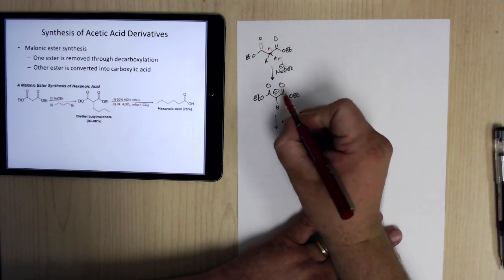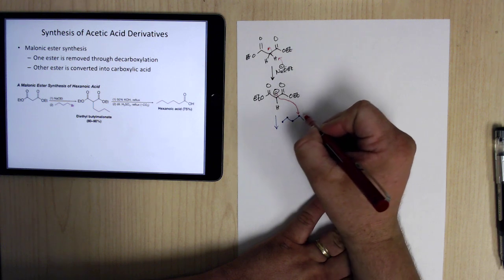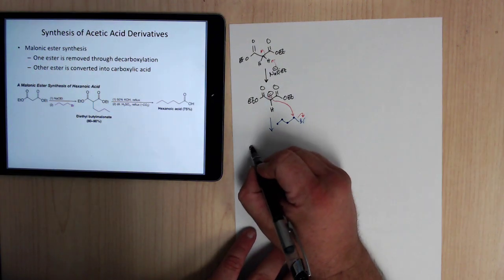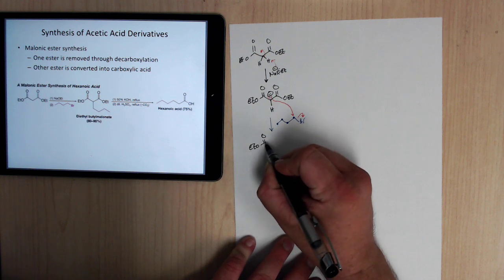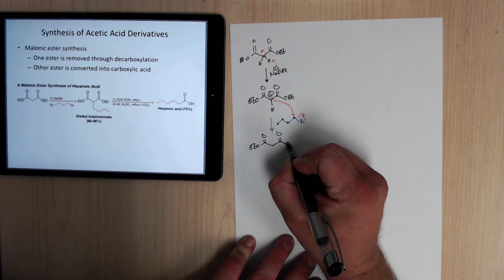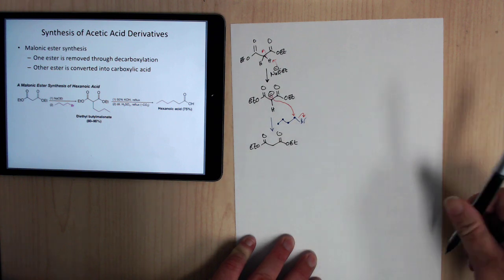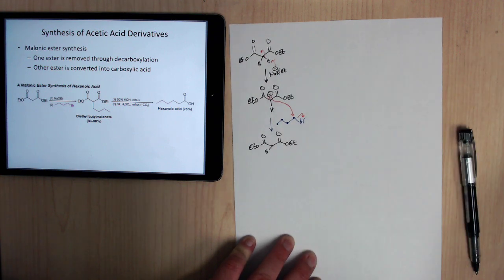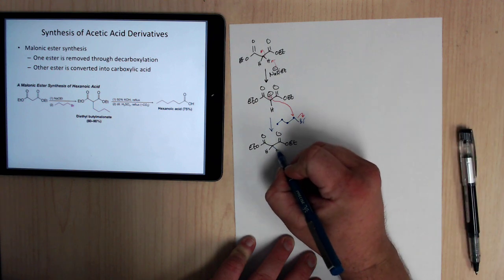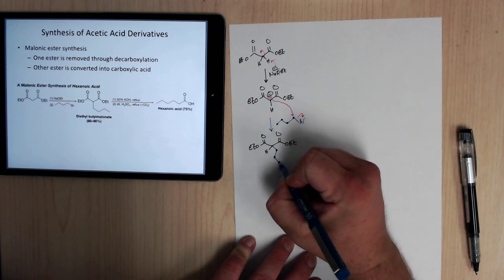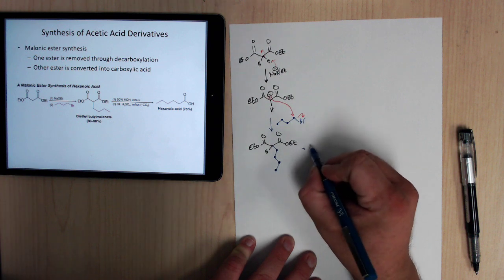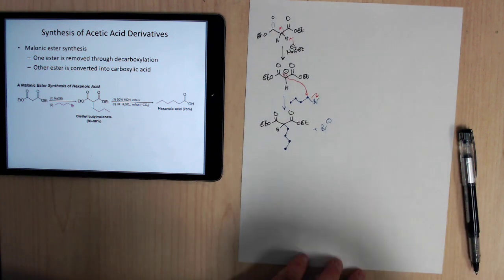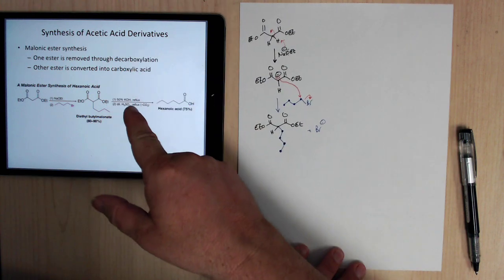This carbon nucleophile is going to attack there, kick that away. So we're going to have hydrogen and then our 4-carbon piece, and bromide.